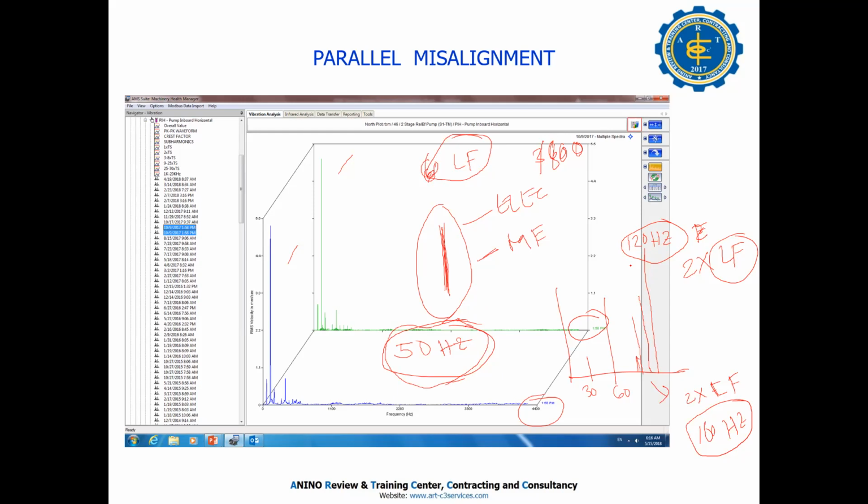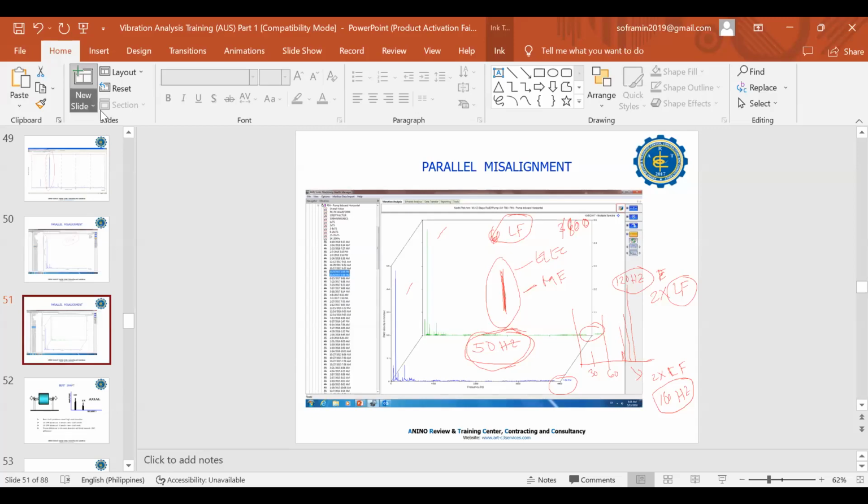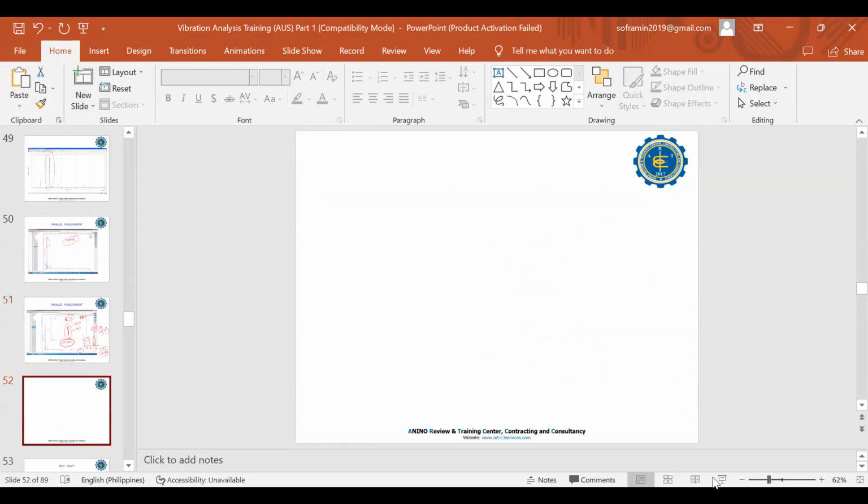Okay, this is what we did. If there is a 120 hertz frequency, we use the analyzer and go live.